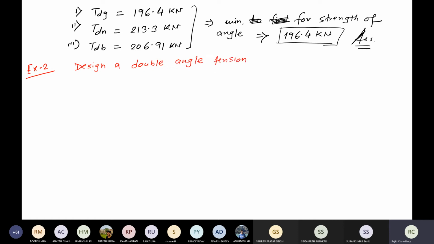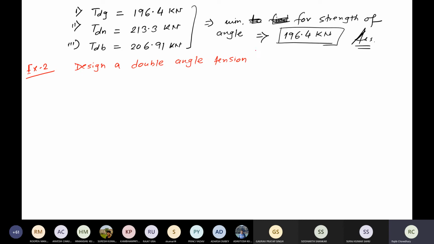Double angle tension member means how do we fabricate it? You will be fabricating it such that between these two angle sections you will have one gusset plate inserted, and through the gusset plate both the angles are connected back to back, and then the fabrication is done.